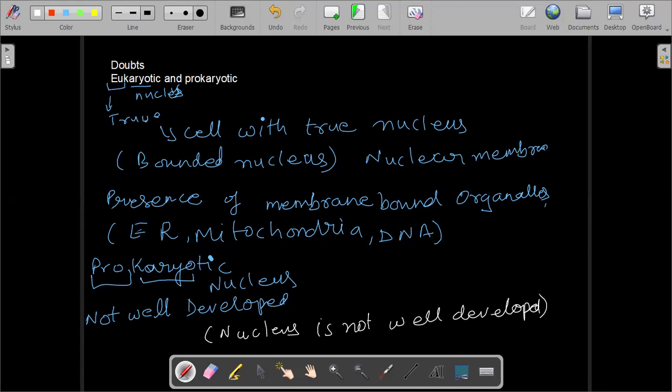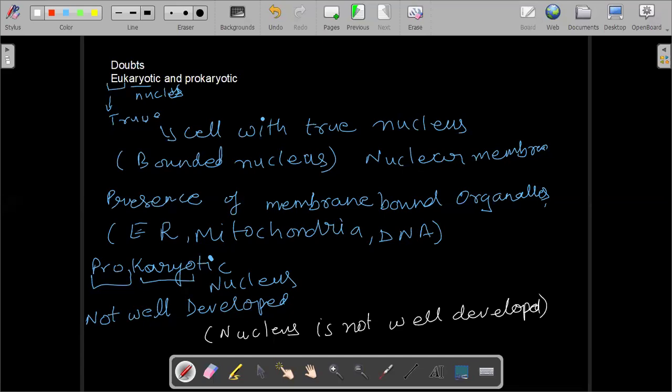Apart from the nucleus, these cells are actually not well developed. They also lack membrane bound cell organelles like ER, that is endoplasmic reticulum, and other things. There will be no mitochondria, no endoplasmic reticulum, and no DNA.